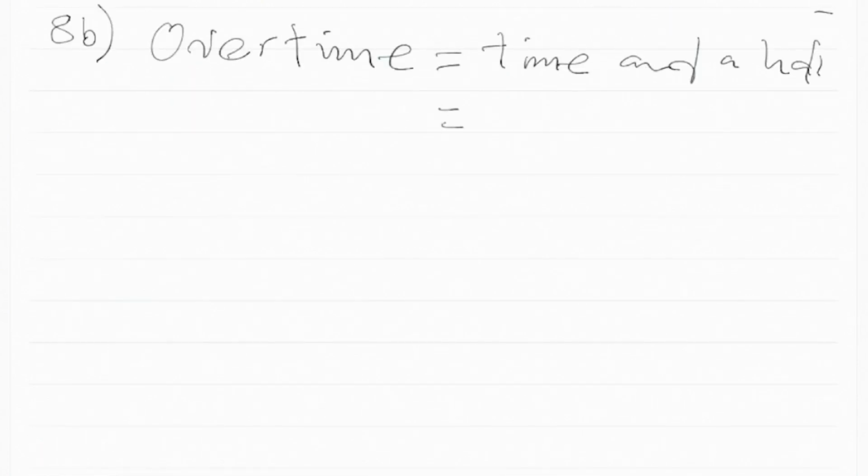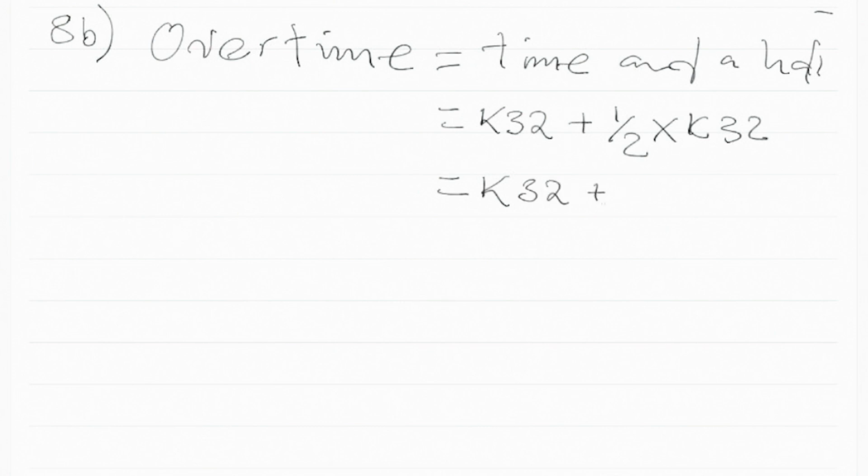So the normal is 32 plus half of 32 kwacha, which is 32 plus 16 kwacha. So overtime rate is 48 kwacha.